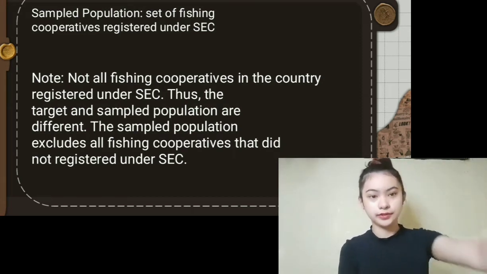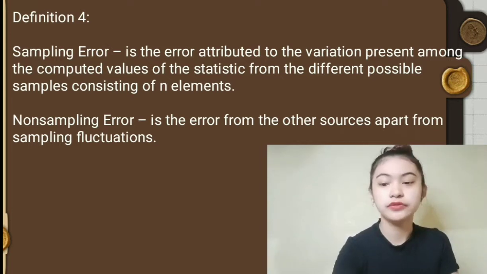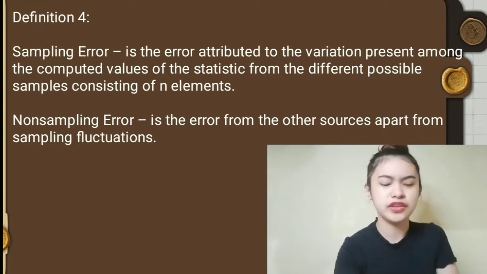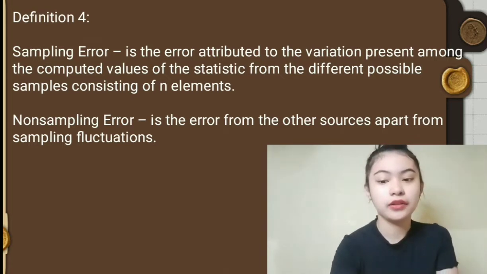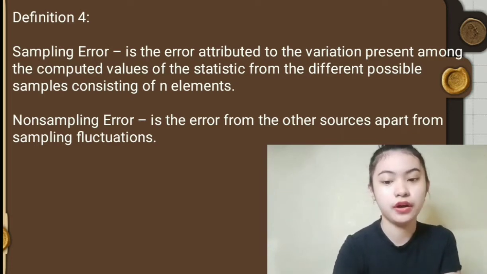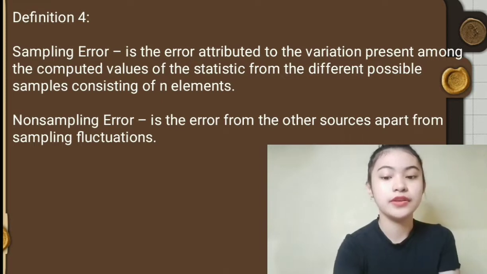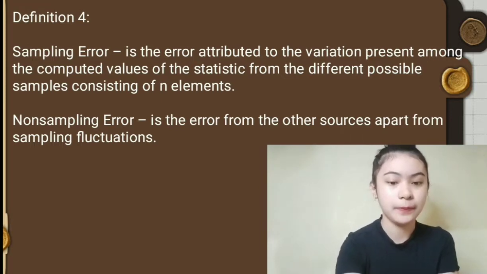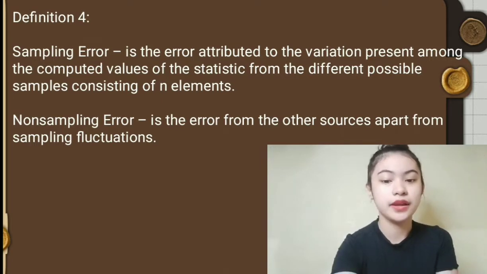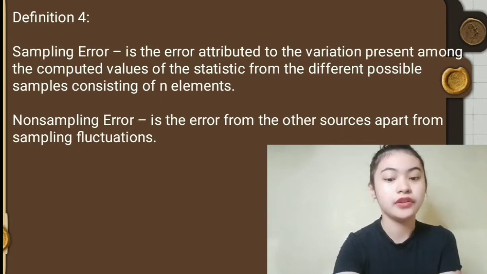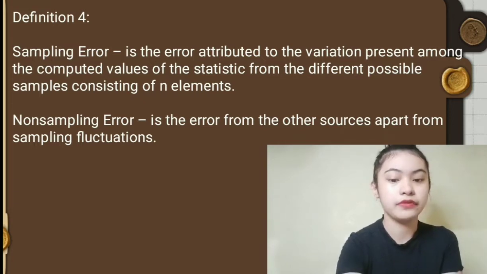For definition 4 about sampling error and non-sampling error, it is understood basically in the statement below. Sampling error is the error attributed to the variation present among the computed values of the statistic from the different possible samples consisting of n elements, while non-sampling error is the error from other sources apart from sampling fluctuations.